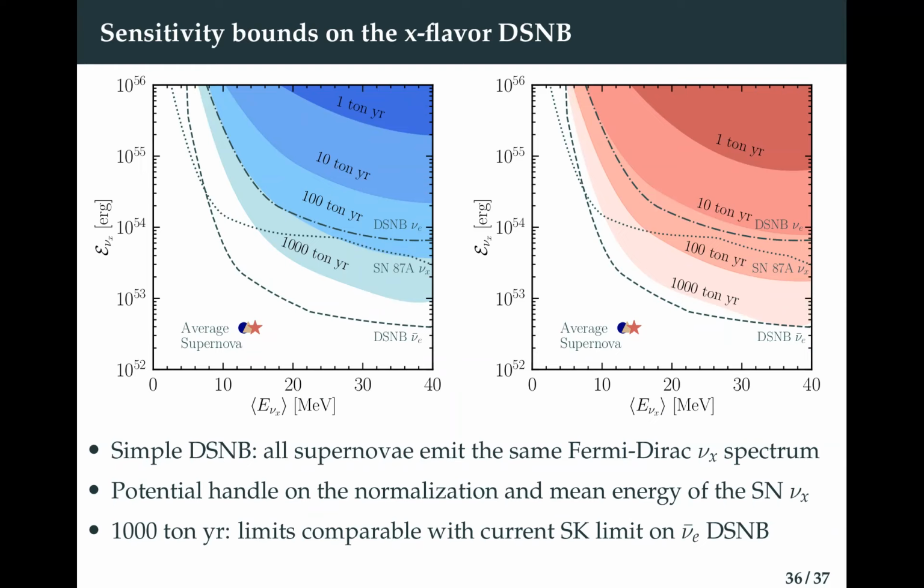So we are changing the normalization and the shape of the spectrum. And we see similarly that with these high exposures, we can get not that far away from theoretical predictions, but also we can get limits that are also good for the nu_e flavor, which were 10 times worse than the nu_e bar flavor.